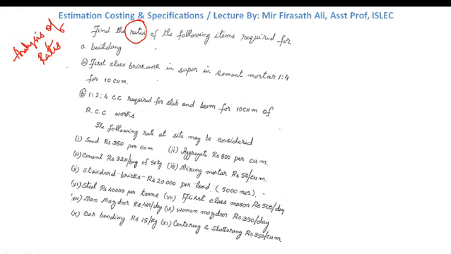The first thing we need to find out is first class brickwork in superstructure in cement mortar. Here, super means superstructure. What is superstructure? Superstructure is nothing but above plinth level.